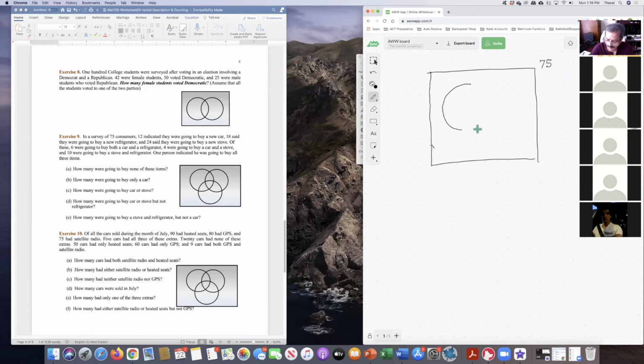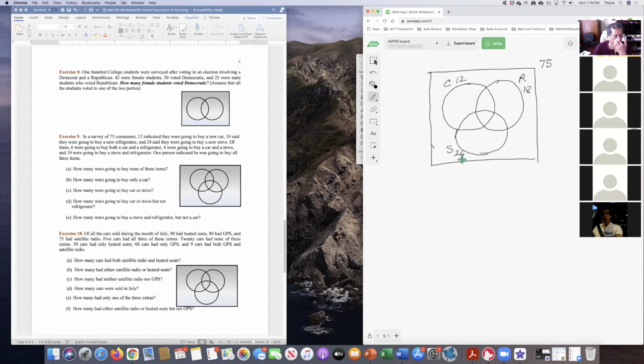And all the people who are going to buy car, call it C, 12 elements are there. All the people who are going to buy refrigerator, call it R, there are 18. All the people who are going to buy stove, S, has 24.